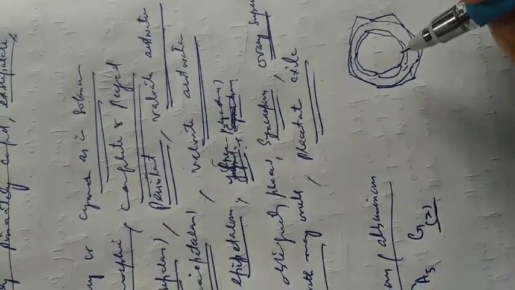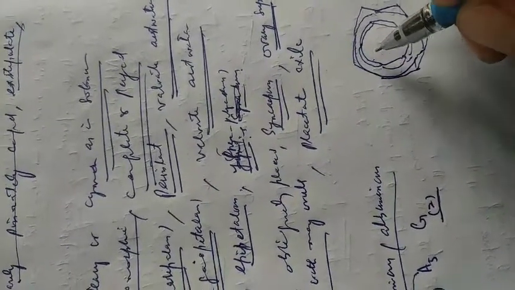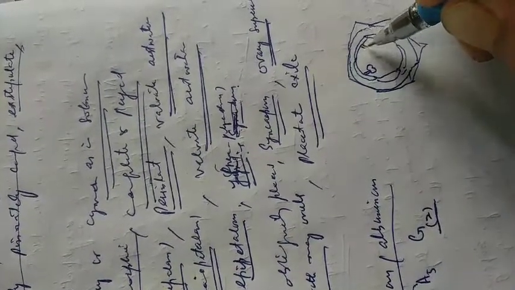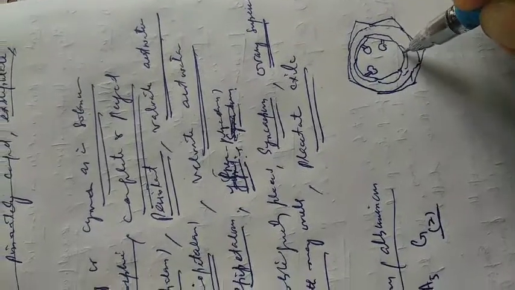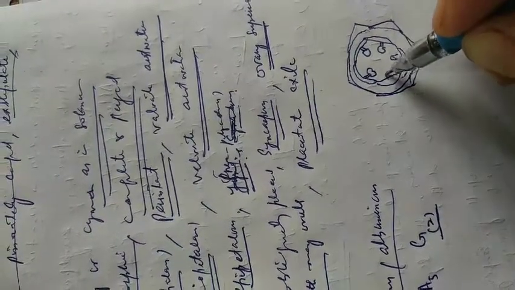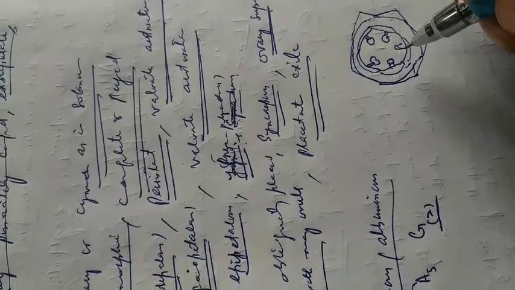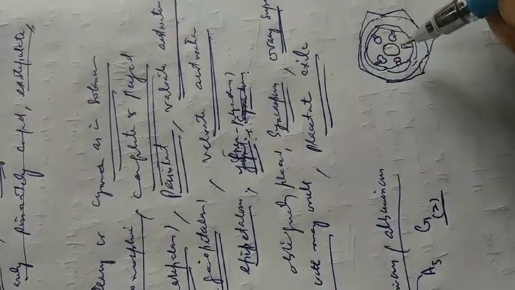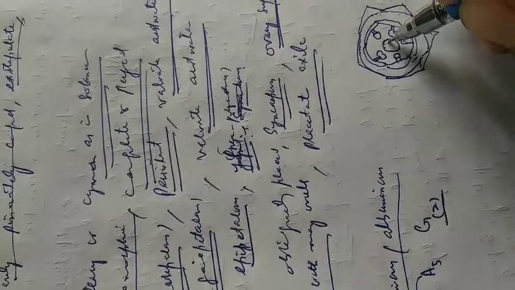Then the stamens, which are 5, connected with the petals, and we will denote it like this. These 5 stamens are free from each other but connected with the petals. In the center we will show the gynoecium, which is bicarpellary.